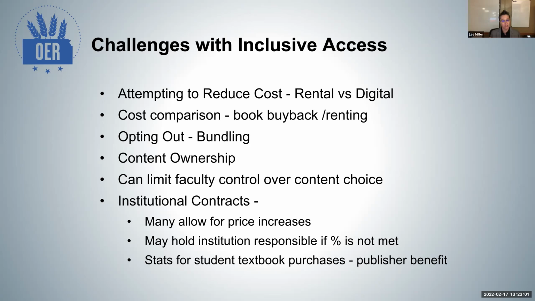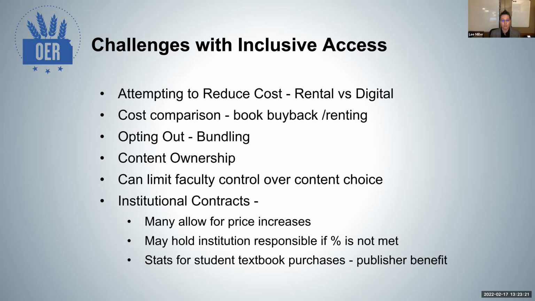Again, I'm summarizing here. This may not be true for all, and different things may change over a period of time, but many allow for price increases, and maybe not even necessarily a definition of how that would be, or a cap on what that may be. And then it may hold an institution responsible if a percentage is met.